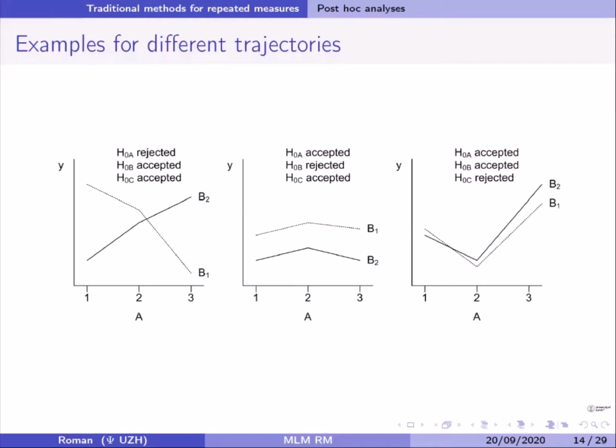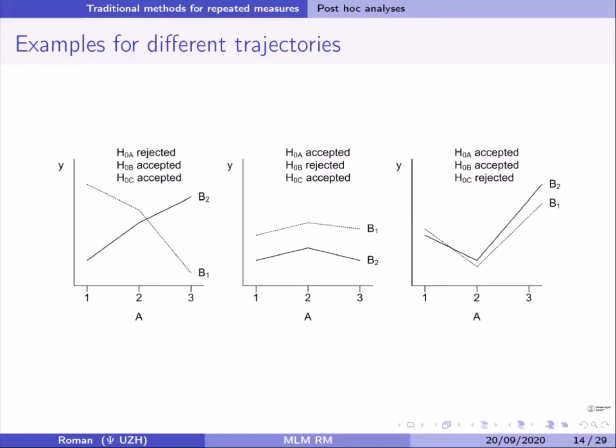The HOB is accepted, again, because these groups have the same means. However, HOC is rejected. We do have a temporal effect here. This sums to 4, here we sum to 2, here we sum to 6, okay? So we have an overall effect of time, but we do not have an effect of the grouping factor.